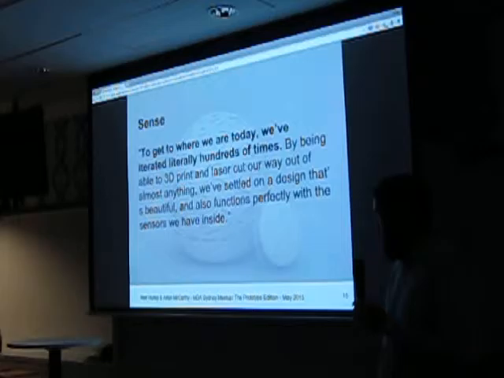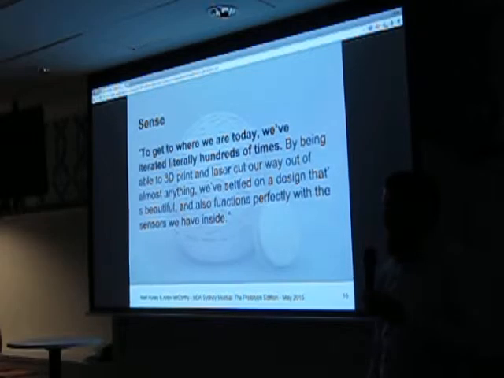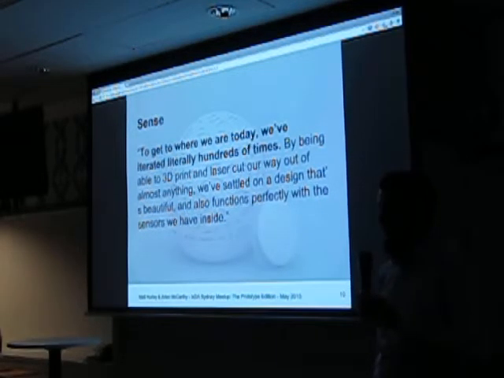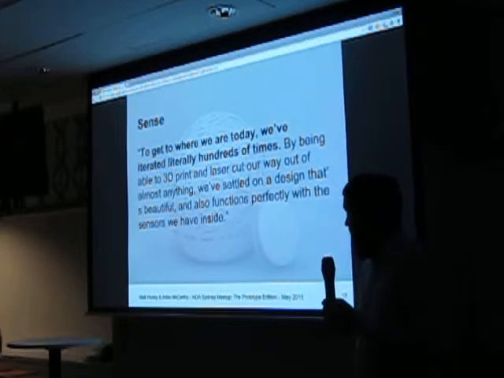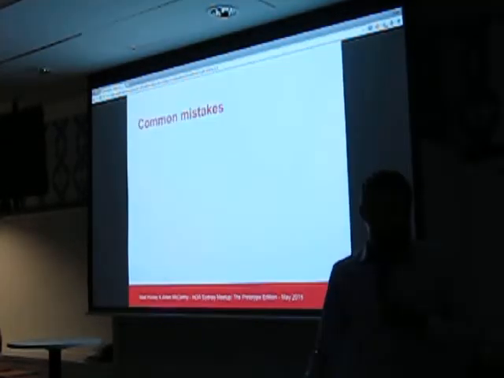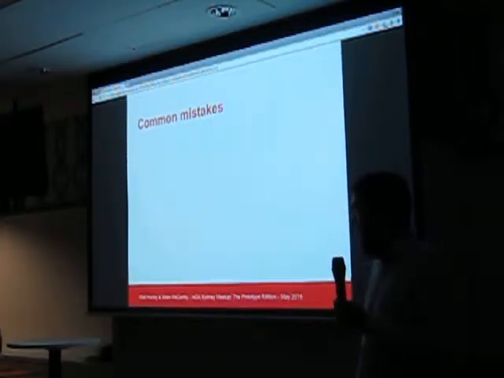There are some stats in that video, which is in the resources at the end, about how many grams of resin they went through with the 3D printer. It was running 1,500 hours or something, and broke down 17 times or something ridiculous like that. So that's just an example of a really good way of prototyping and how valuable it was.